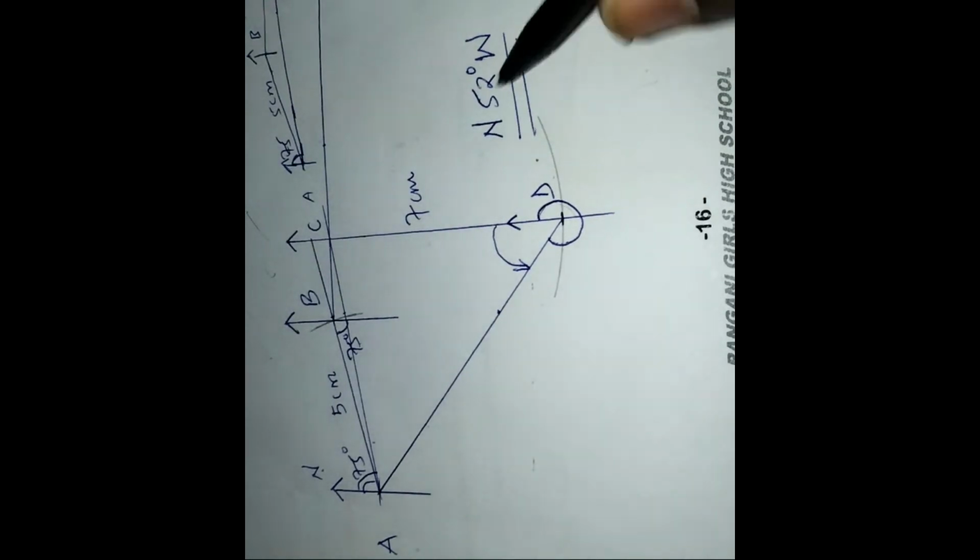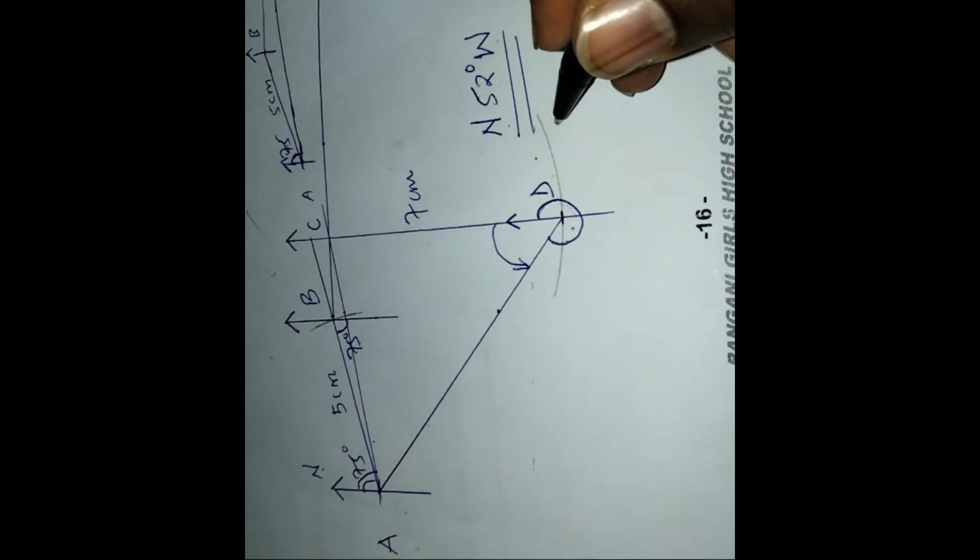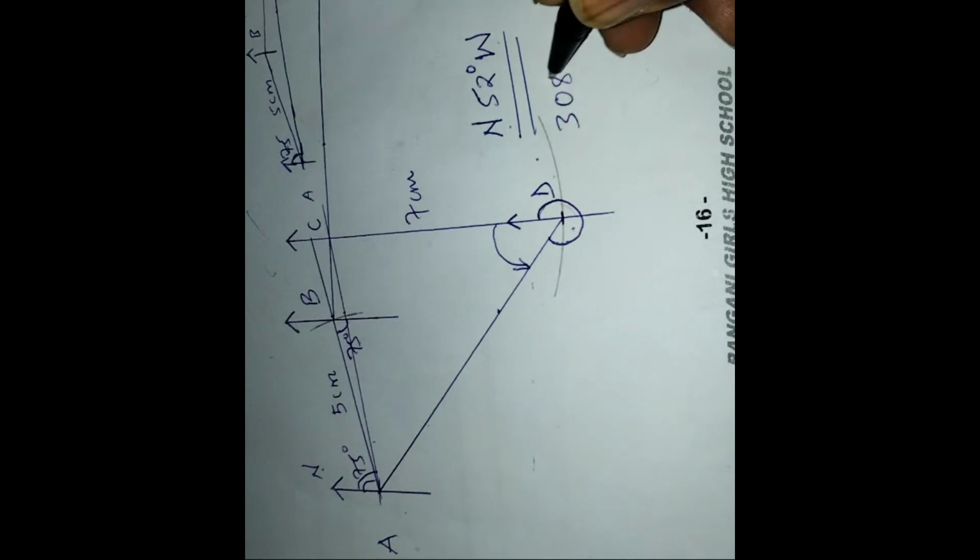Therefore, from D to A, we have 52 degrees. And remember, we are moving from the north towards the west. So this is called compass bearing. North, 52 degrees towards the west. That is the bearing of A from D. Otherwise, we can get the reflex angle, which will be 360 minus 52. This is 308 degrees.